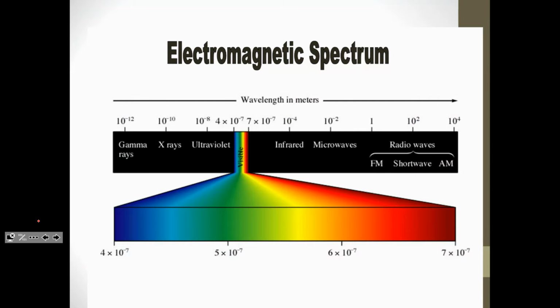So here's the spectrum. And what we're going to find here is that radio waves have a wavelength in meters that is 10 to the fourth or 10 to the second, or even just regular base unit meters. And those are going to be really long waves like this.